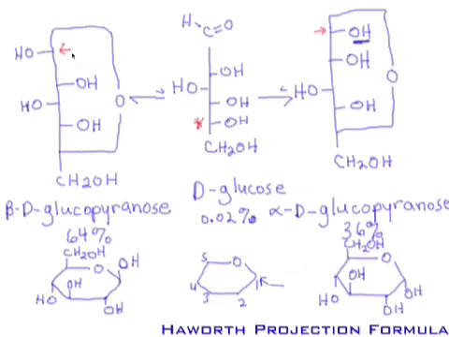Let's try naming a sugar, and we'll come back to the behavior of these Haworths and Fischers. Let's suppose you're given the following random Haworth, and you're asked to name this thing.